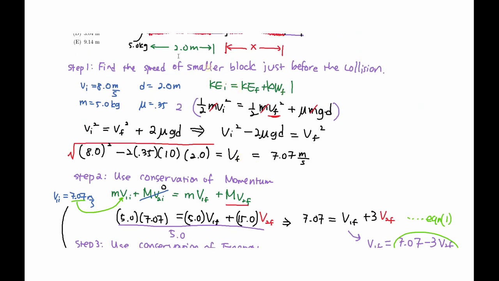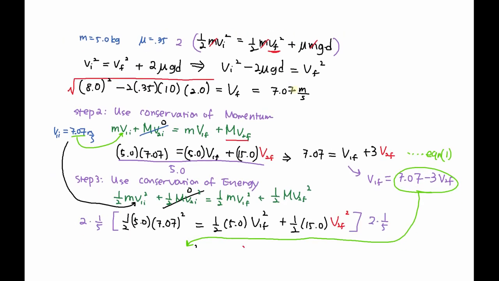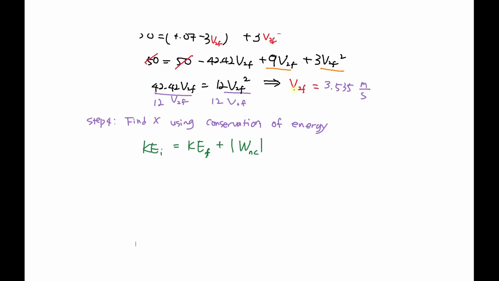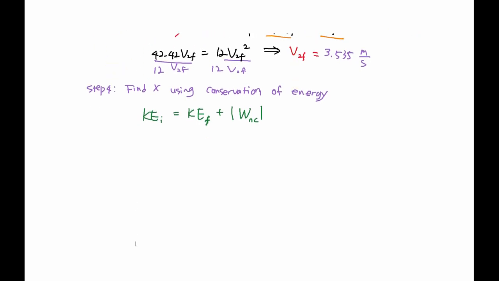So instead of F here, I'll write the non-conservative energy so that you don't get confused with the final. Okay, so coming back to our focus here. The final velocity in frame 2 and 3 actually becomes the initial velocity.